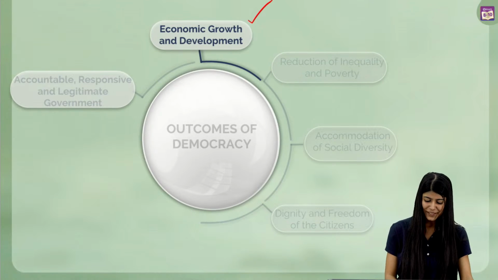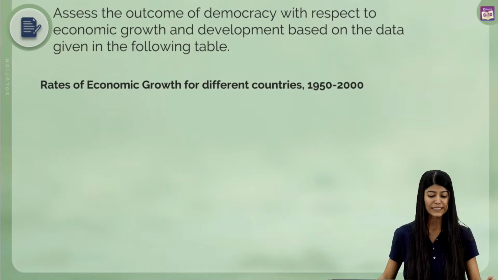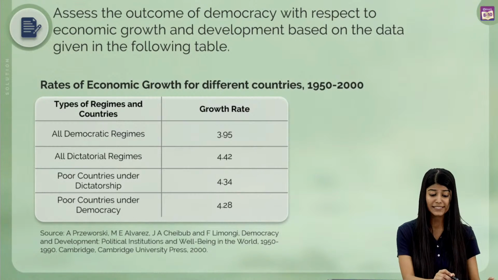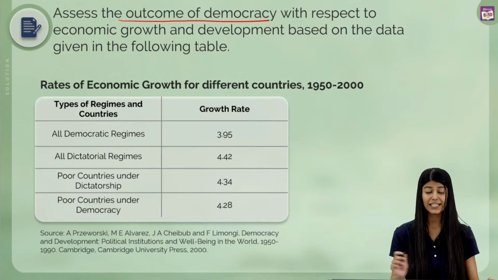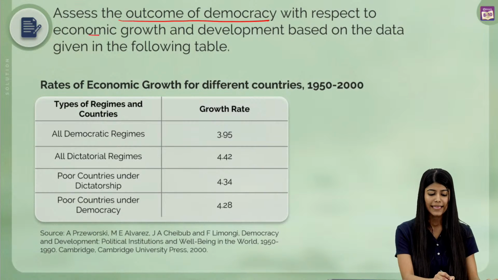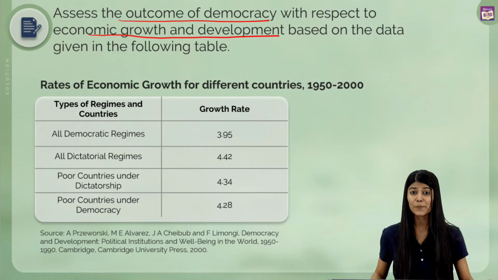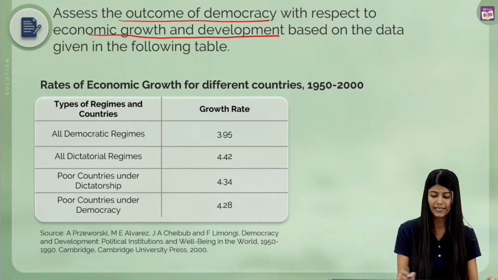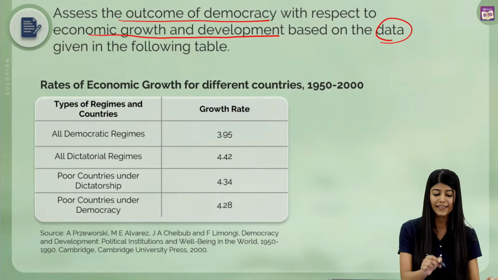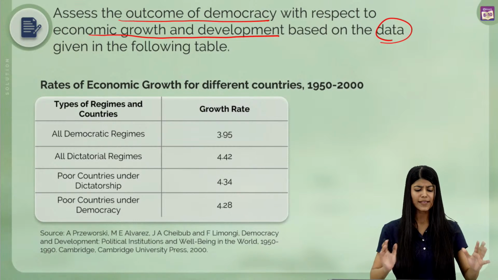Okay, moving forward now, the question for this aspect is, we have to assess the outcome of democracy with respect to the economic growth and development based on the data given in the following table. So what is this table all about?